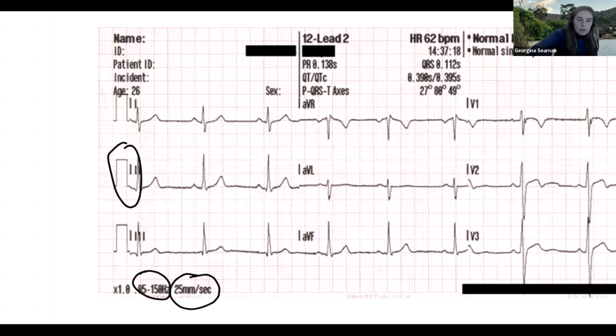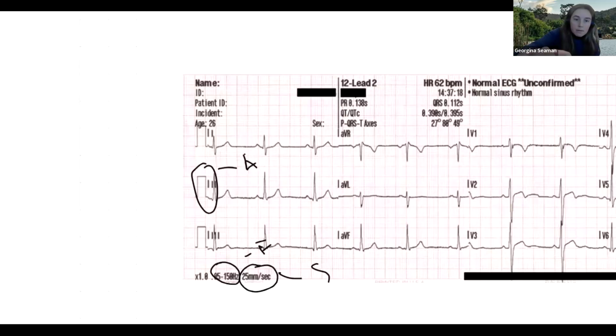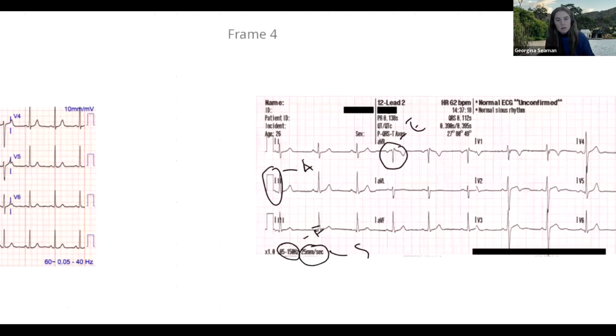So this is our S, this is our A, this is our F, and our electrode placement. How can we check our electrode placement now? AVR is upside down. Our E. What else about this ECG?